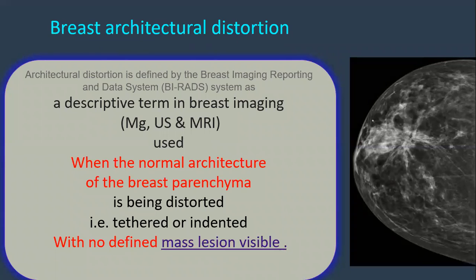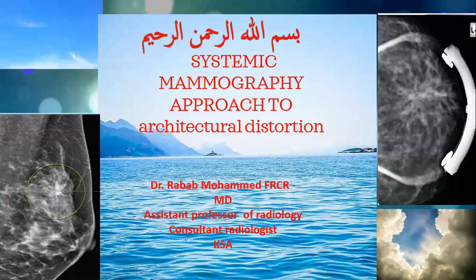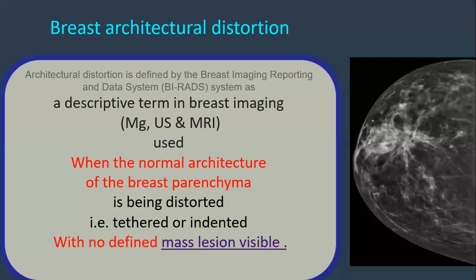Our topic for today is a systematic mammographic approach to analyze architectural distortions. Starting with the definition: architectural distortion is defined by the Imaging Reporting and Data System, or the ACR, as a descriptive term in breast imaging, all imaging, mammography, ultrasound, and MRI, when the normal architecture of the breast parenchyma is being distorted.